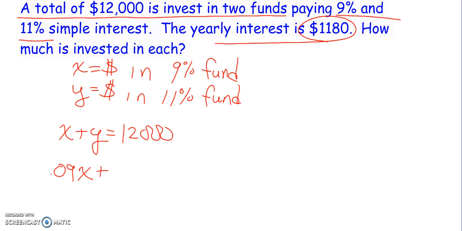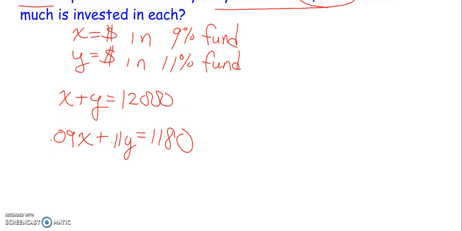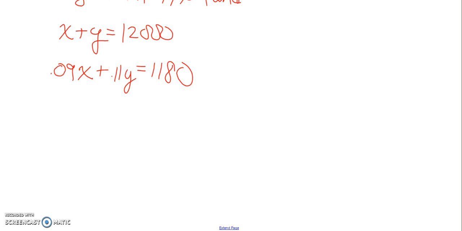And I also know that I'm getting 11% of whatever is in y, and when I total those percentages together, it adds up to 1,180. I now have a system of equations. Again, a system is just a fancy word for two equations with two variables.